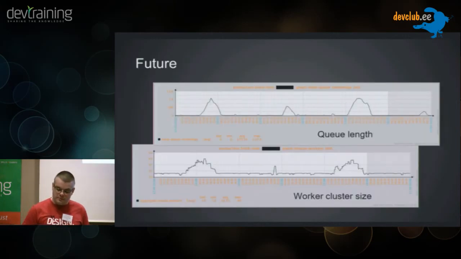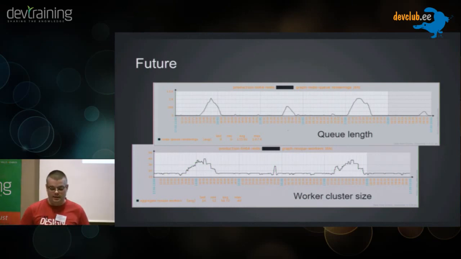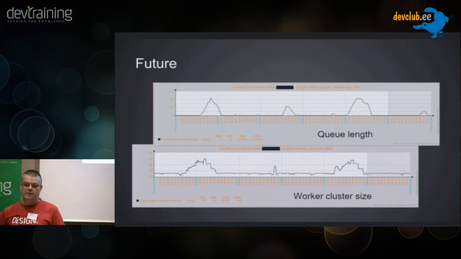So, future. This is the point where we started thinking about metrics. Wouldn't it be good to have the capacity ready already when the traffic comes in? And in the case of the background workers, for example, we actually know that the customer starts doing something like uploading files, and this is already some kind of metric you can use.